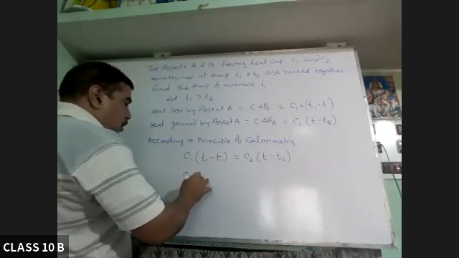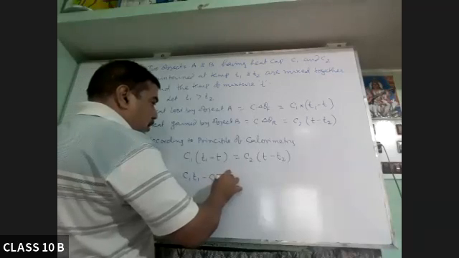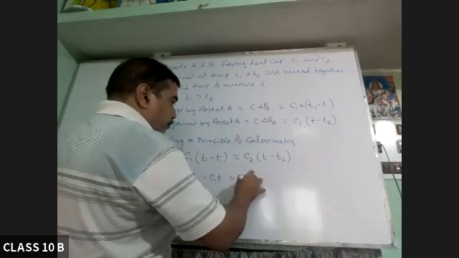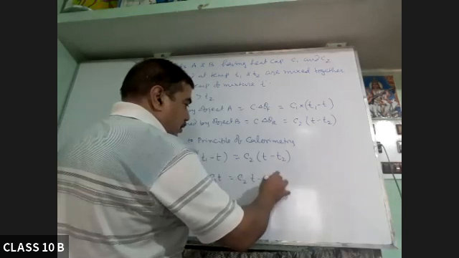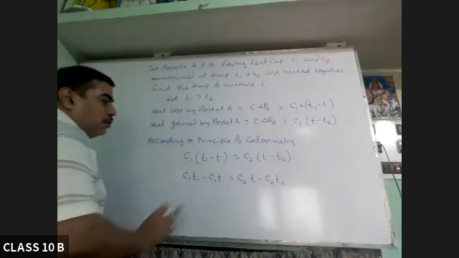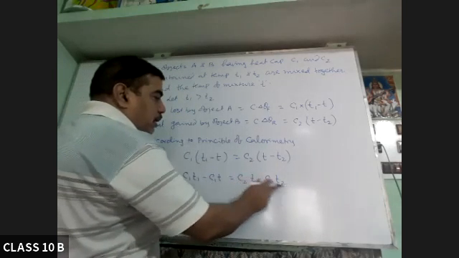So C1 T1 minus C1 T. This T will be on one side and the rest on the other.